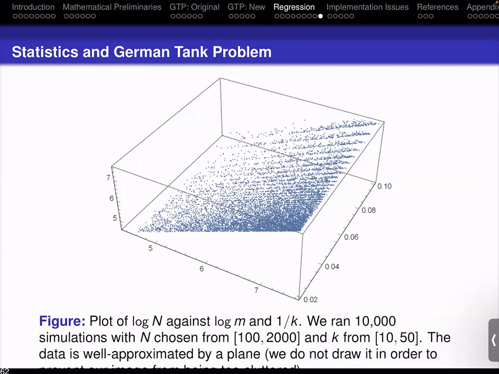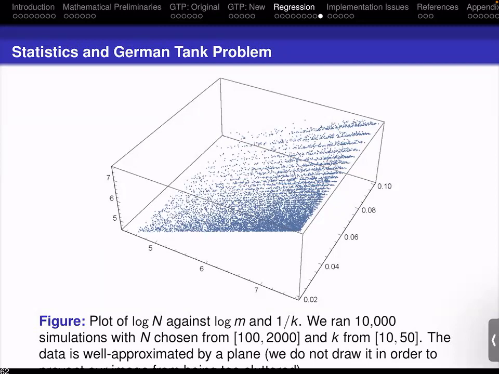Not the product of the logs, the sum of the logs, right? Log converts products to sums. Whenever I see a product, I should immediately be thinking logs. So if I believe that it should be m times 1 plus 1 over k, then let me look at the log of n versus the log of the product, the log of m times 1 plus 1 over k.